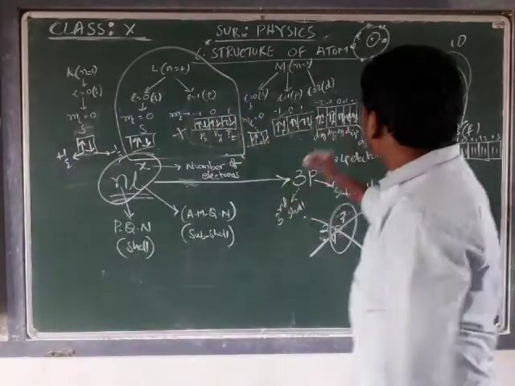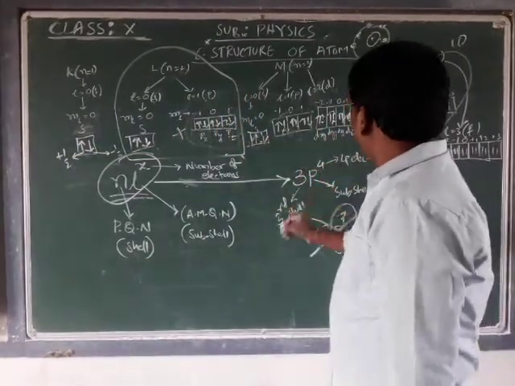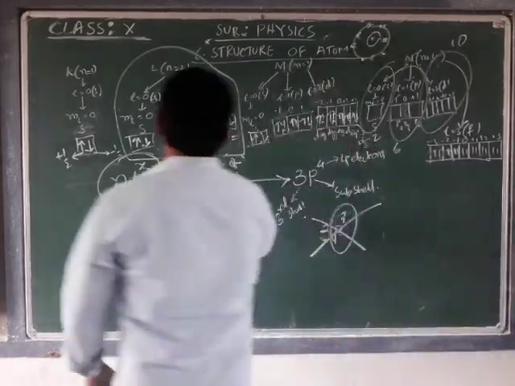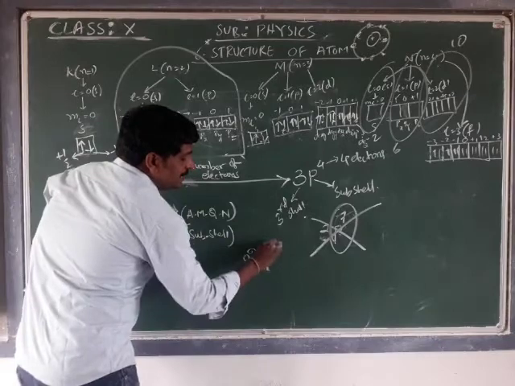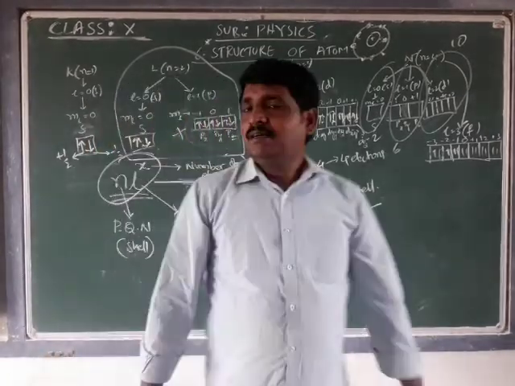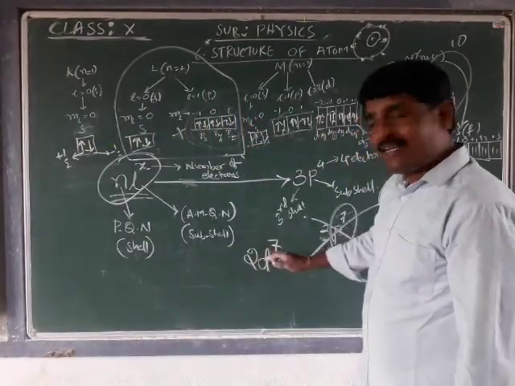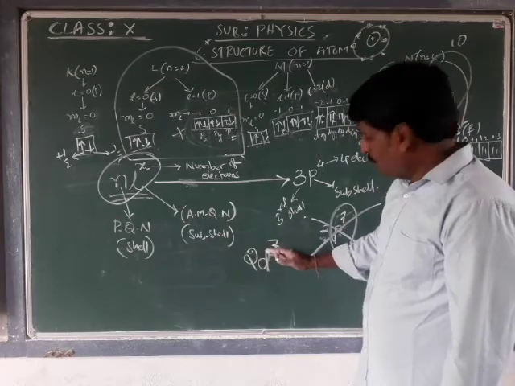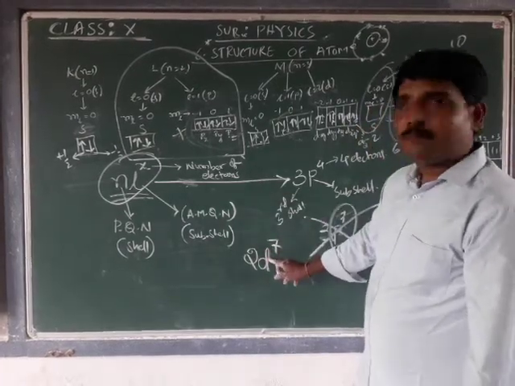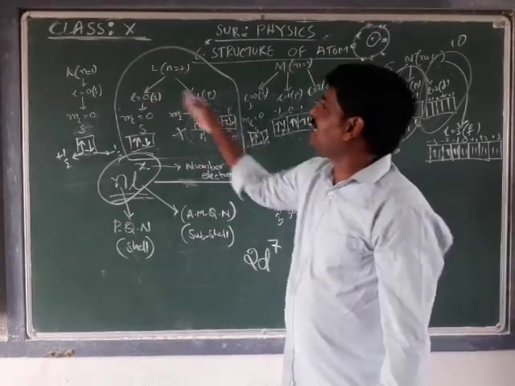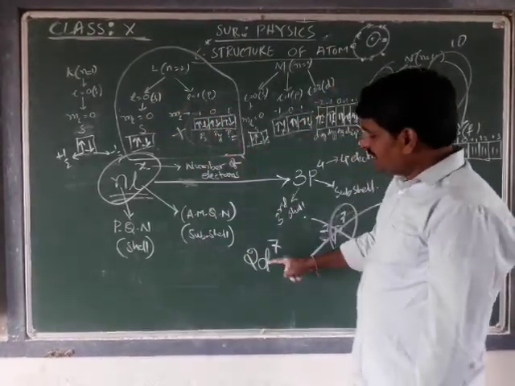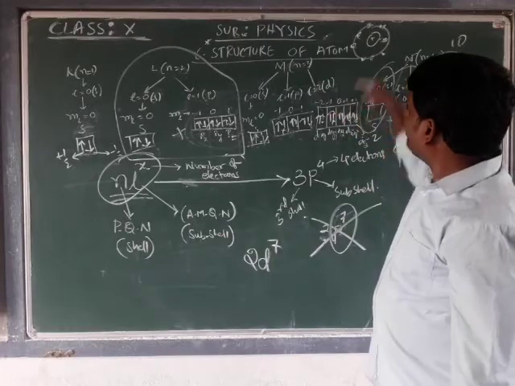For example, here if I take the D subshell, can I write 2d7? Let's see. Is it possible? Check. Why is 2d not possible? Because the second shell does not have d, it only has S and P. Don't take into concern that D can have 10 electrons.